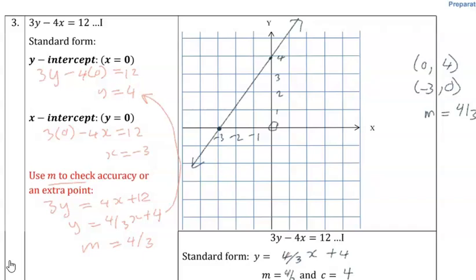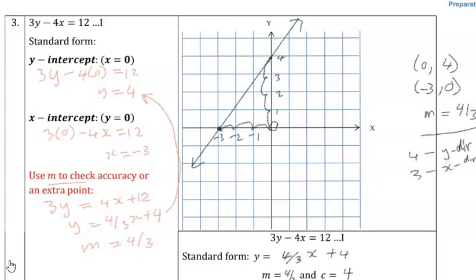And then again, if I start at this point here, and I move 1, 2, 3 in the x direction, and then 1, 2, 3, 4 in the y direction, then I have my m, which is 4 over 3. It's 4 in the y direction, 3 in the x direction.